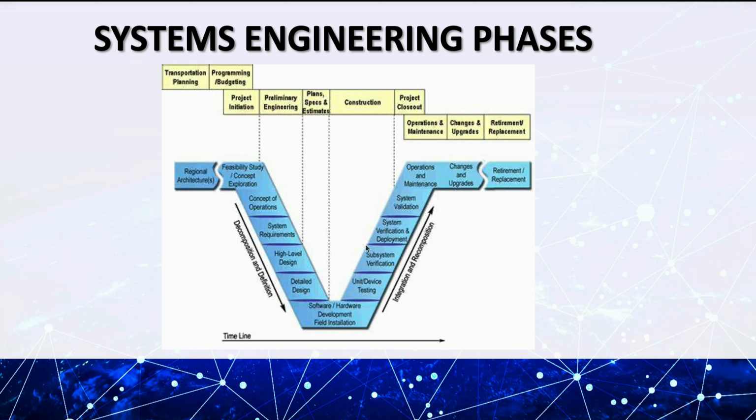Generally, the left side of the V is all about concept development and composition requirements: what the architecture of the system should be, the physical architecture that can be put together. And the right side usually involves test, validation, and integration of these different entities.